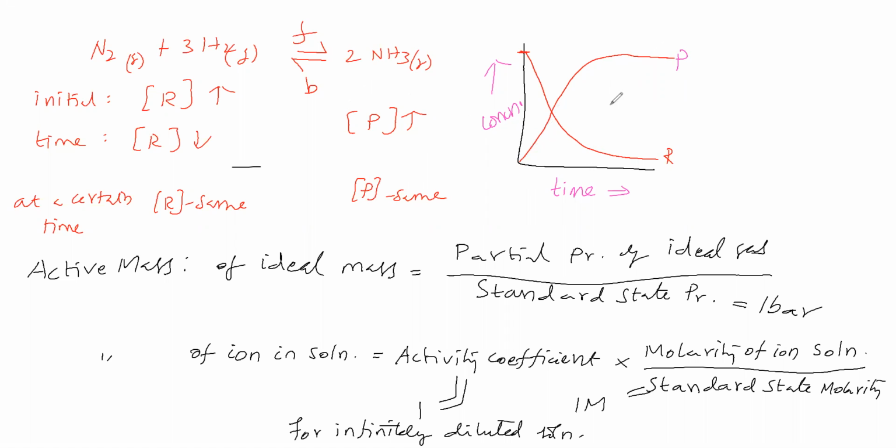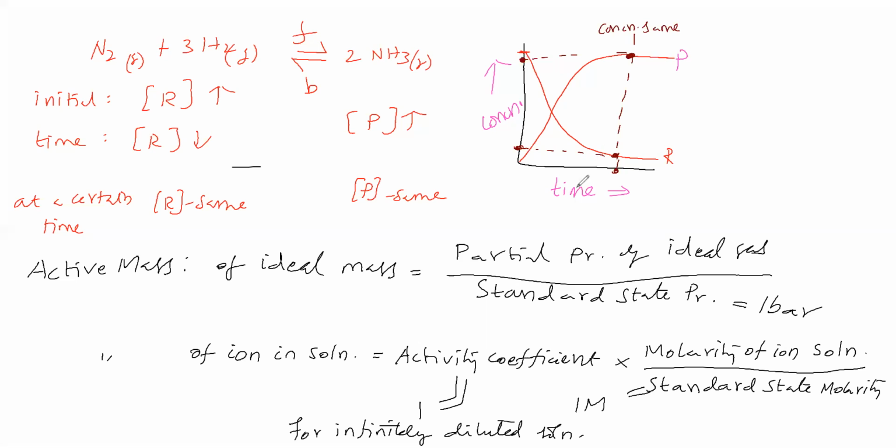So from this time onwards, the concentration of reactant and the concentration of product remain the same. At this time the concentration of reactant is this much, and the concentration of product is that much.